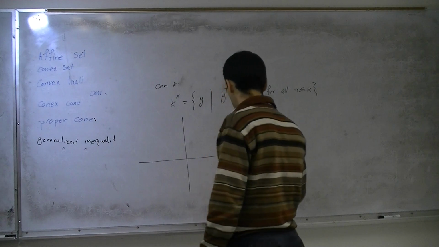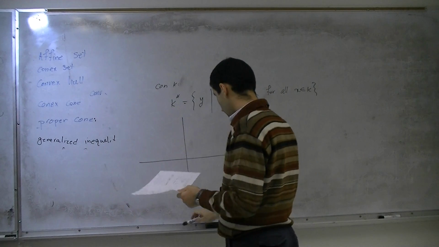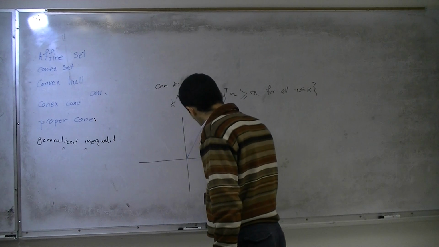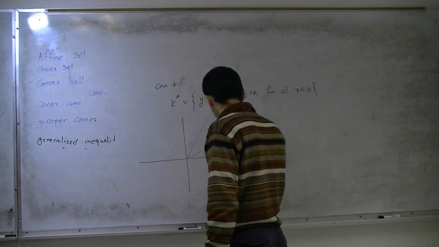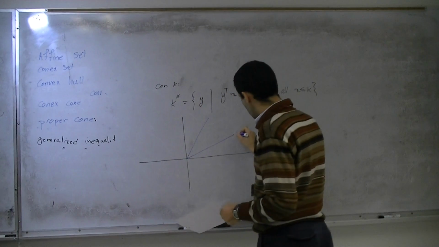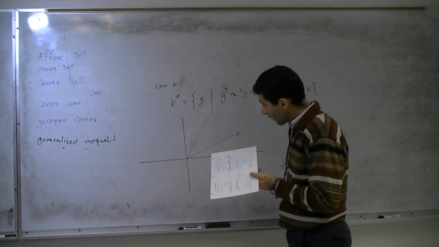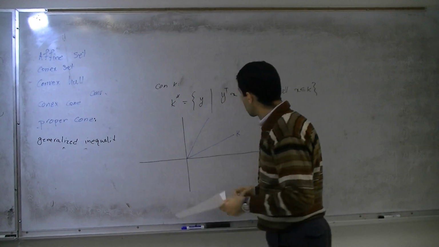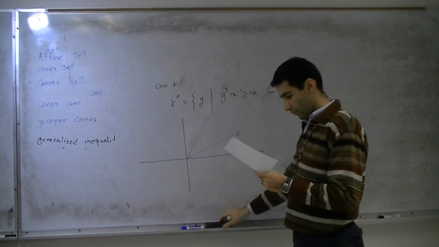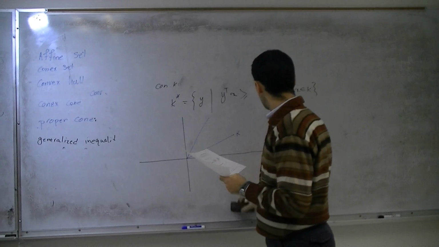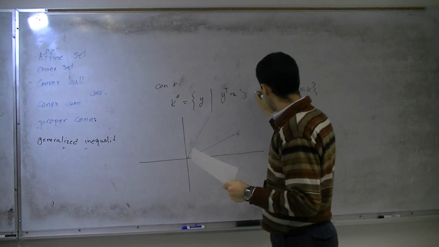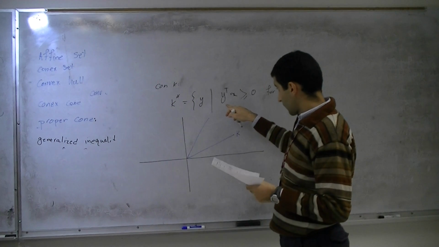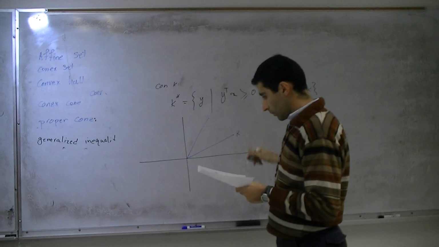If we have a cone K, the dual cone of K is all points y such that y transpose x is bigger than 0.